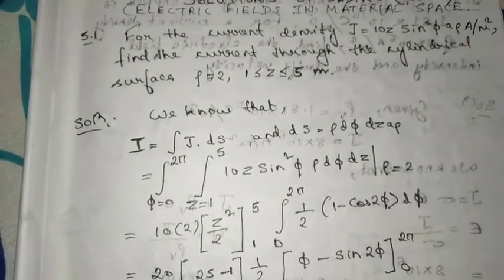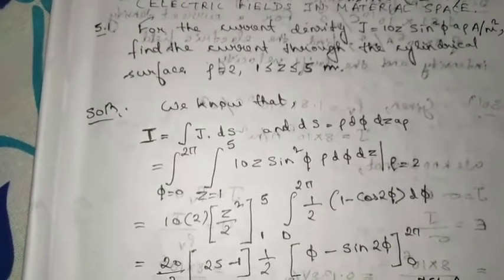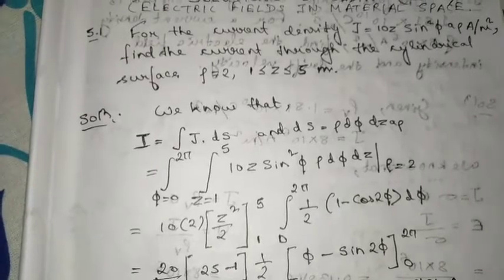Here we have to find the current through the cylindrical surface, and we know the cylindrical coordinates are rho, phi, z. We know that to find the current, we have to integrate the current density over the differential area, that is, ds, the infinitesimal area of the cylindrical surface.